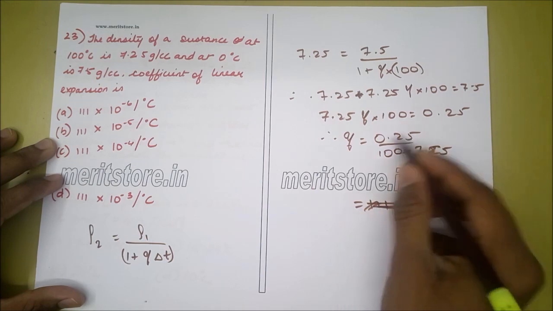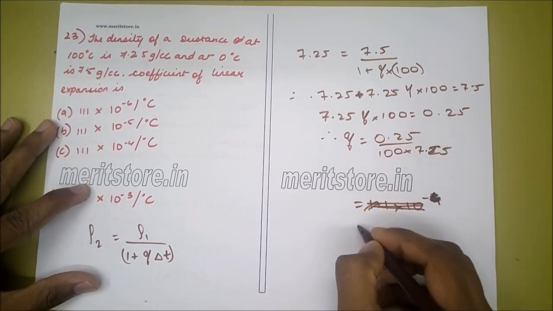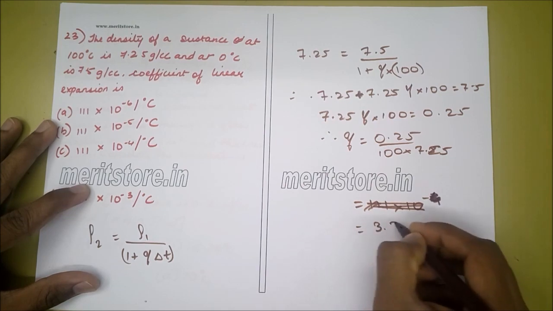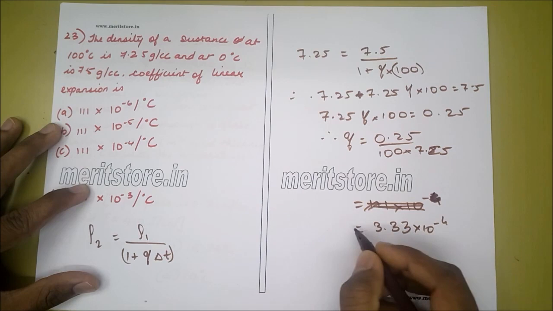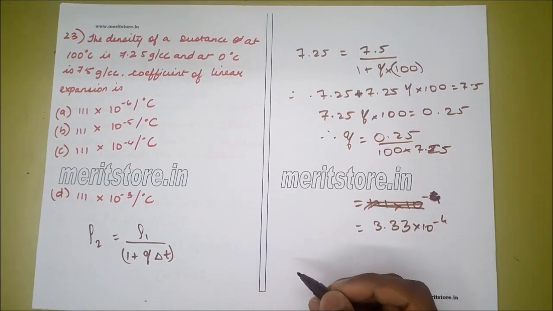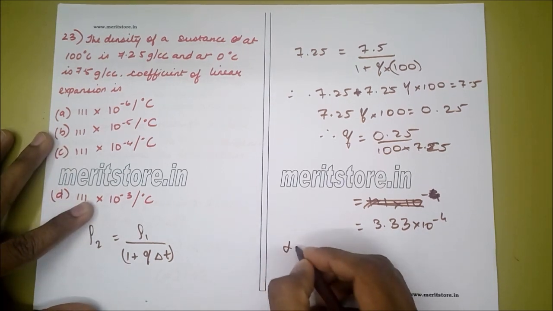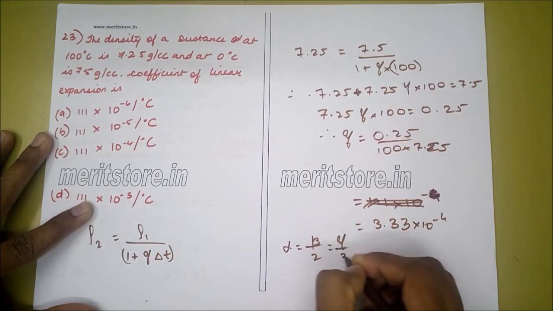This value, when we solve it, comes to 3.33 into 10 raised to minus 4. But the relation between coefficient of linear expansion, area expansion and volume expansion are such that alpha is equal to beta by 2, which equals gamma by 3.